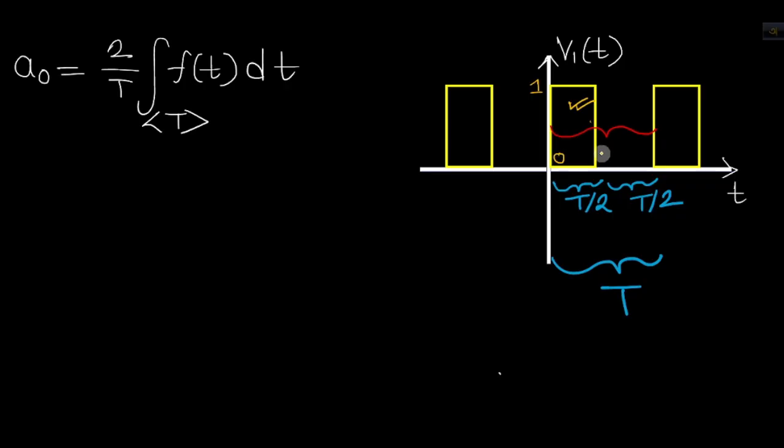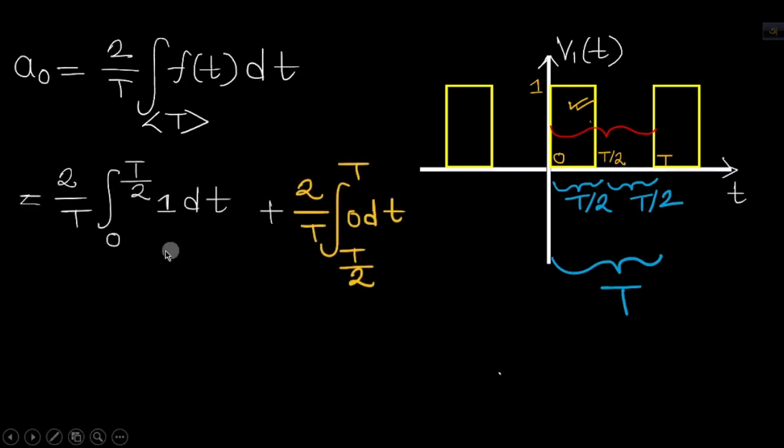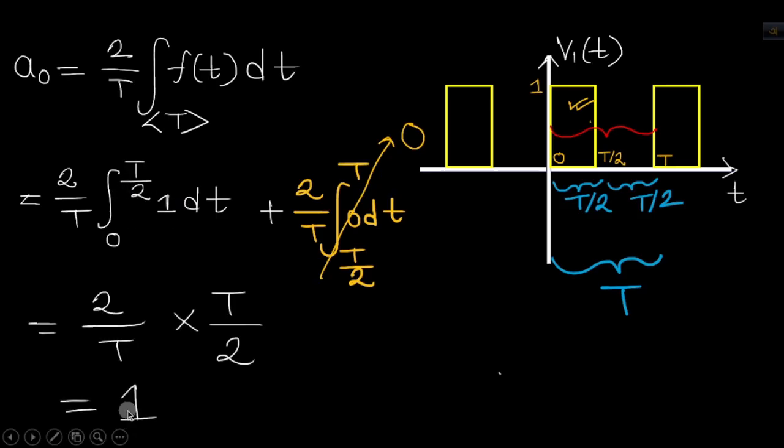That means from 0 to T by 2 the signal's value is 1, then from T by 2 to T the signal's value is 0. So now we have to write this: from 0 to T by 2 the signal's value is 1, then for the second region the signal's value is 0. It's clearly understood that this second term will be equal to 0, and the integration of the first term is very easy, it will be equal to 1.